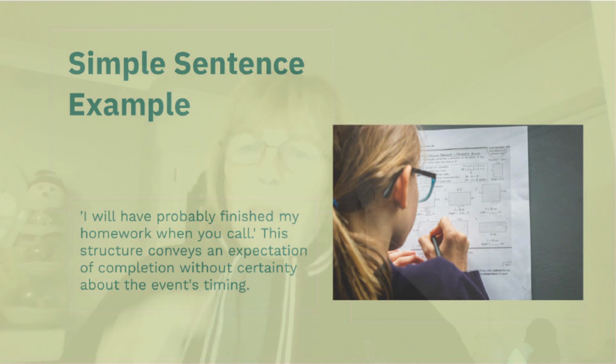So let's have a look at this sentence example. I will have probably finished my homework when you call. And when you think about how the phrase is put together, will have, and added to the word probably, when you're thinking about fluent English, you listen to the word probably coming after will have.